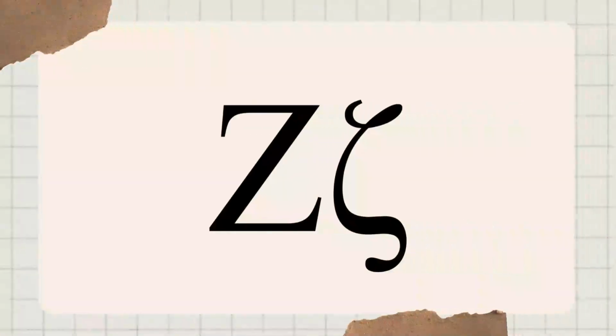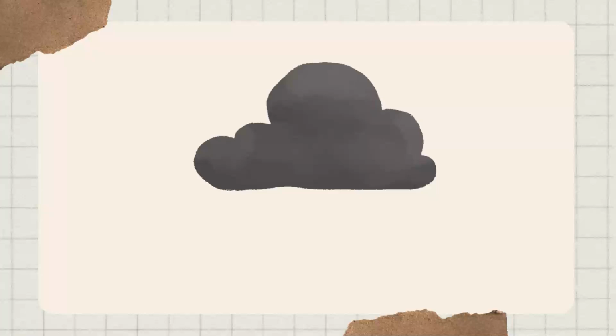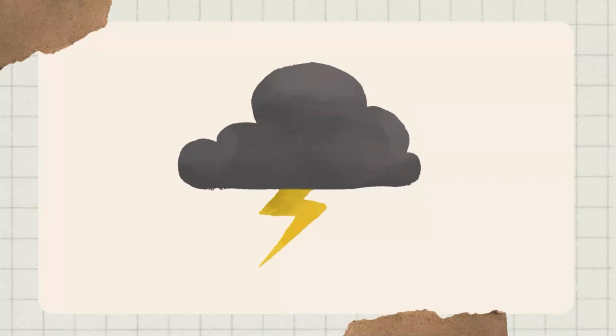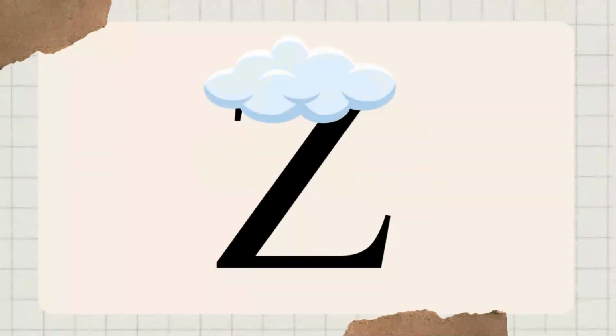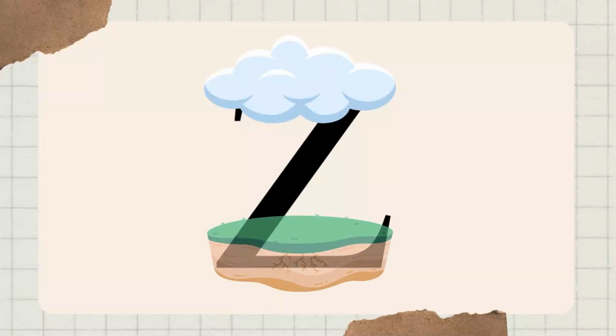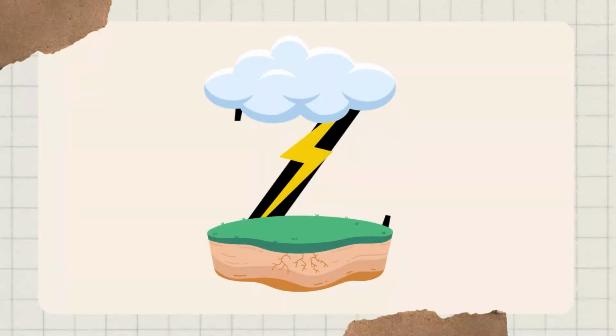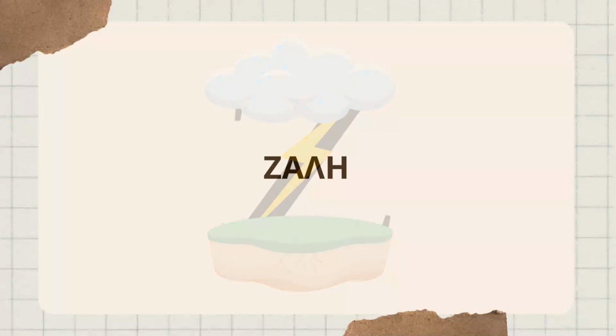The letter zeta is quite rare in Greek, as few words begin with this letter. However, it evokes the image of lightning bolts, streaking across a stormy sky, cast down from the heavens, the top horizontal stroke, to the earth, the lower stroke, diagonally, the slanted line. Thus, the letter Z could represent the word zale, meaning storm or tempest.